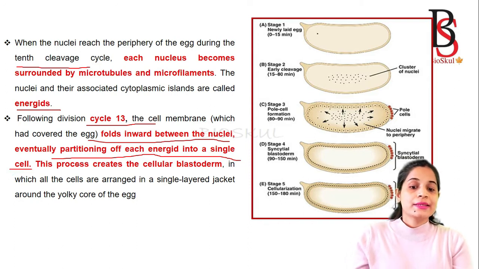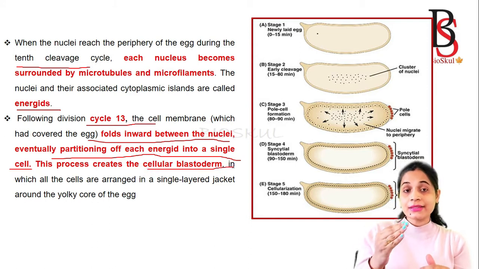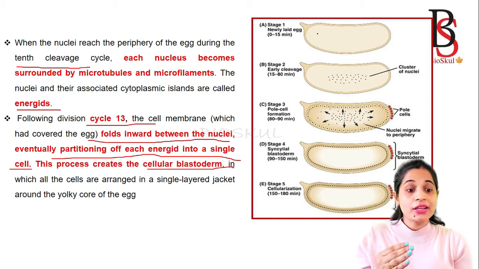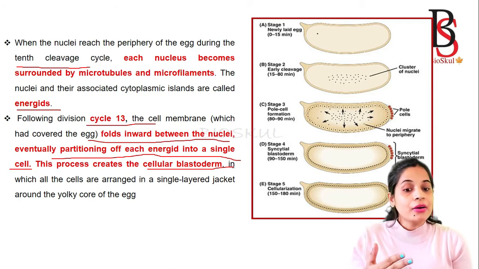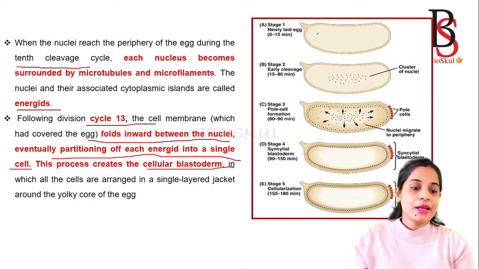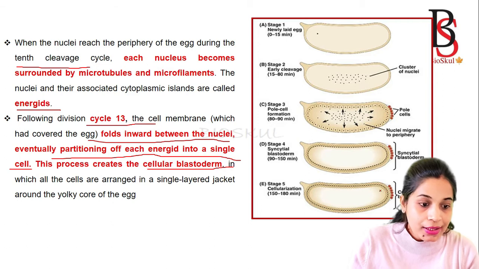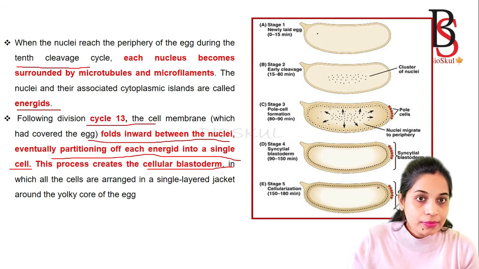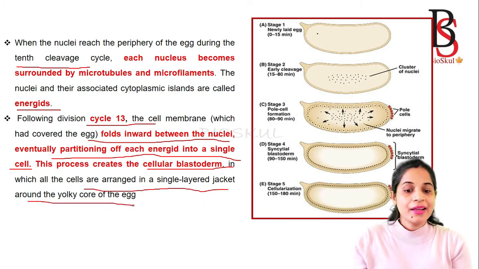Now this is called the cellular blastoderm. At the 10th cell cycle division, it is known as the syncytial blastoderm. At the 13th cell cycle, it converts into the cellular blastoderm. Here you can see each nucleus is covered by the cell membrane, so it is known as the cellular blastoderm, in which all the cells are arranged in a single layered jacket around the yolk core of the egg.